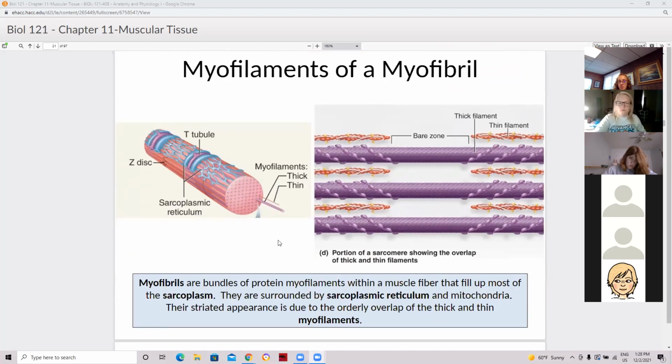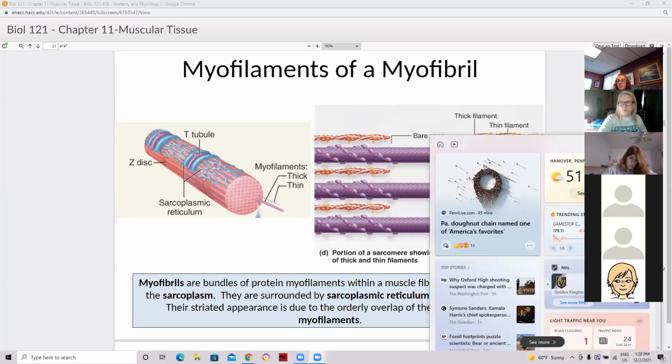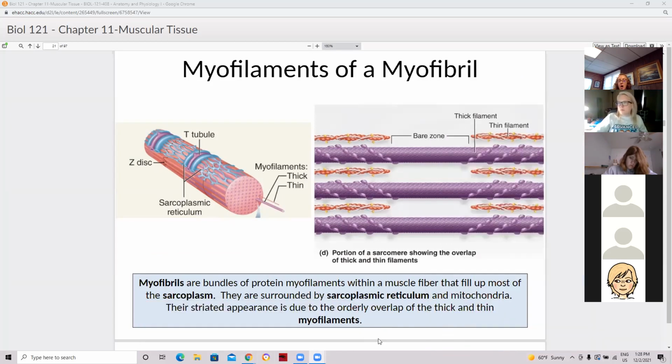Myofibrils, one myofibril right here. Myofibrils are bundles of protein myofilaments. Remember, the myofilaments are the myosin and the actin, the contractile proteins, within a muscle fiber that fill up most of the sarcoplasm. Remember, the sarcoplasm is the cytoplasm.